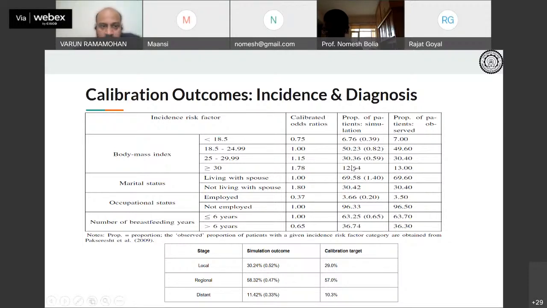As you can see, for example, the proportion of people with a BMI less than 18.5 who developed breast cancer was around 7% as observed in the literature, and what we got was around 6.76%, right? We calibrated these parameters in order to achieve this validation of the model. Similarly, the calibration target is about 29% of people who were supposed to get diagnosed in the local stage. We have around 30.24%, right? And so on.